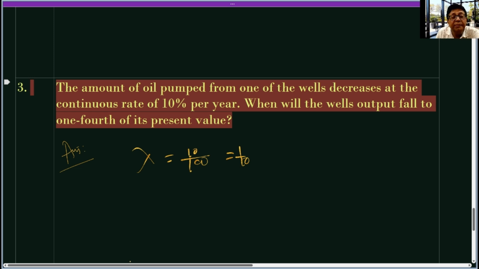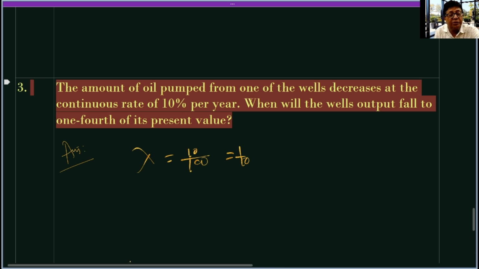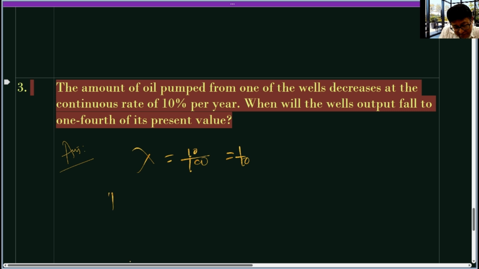Now, it decreases at lambda rate. So, when will the well output fall to 1/4? You write amount as A, initial amount as A0, and this is A0 e to the power minus lambda t. Hope you agree? Because it is a decaying problem, decay will be in accordance with this. Now, given when A equals A0 by 4, t we don't know.